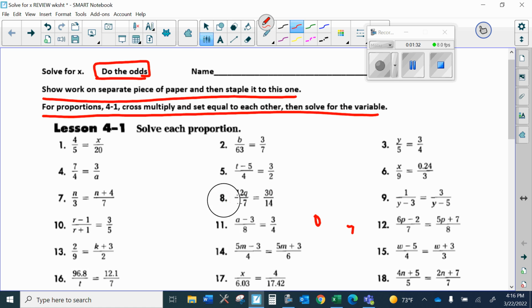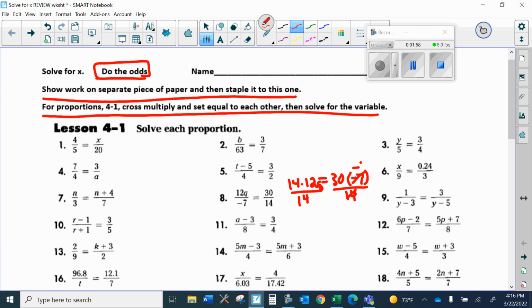Let's do another way. Let's just say you cross multiply right away. I'd have 14 times 12 equals 30 times -7. I've got a q over here. Okay. Well, notice I didn't multiply them out, because again, I could sit there and say, okay, let's divide by 14 first.